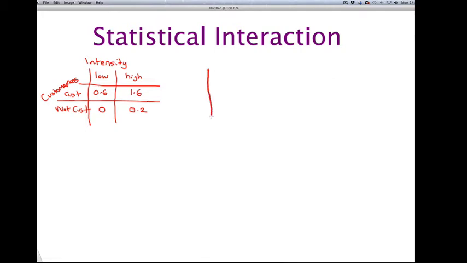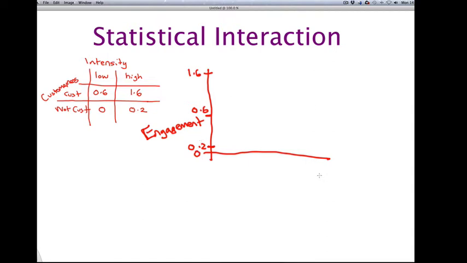So to draw the graph again, we put the dependent variable on the y-axis, and the dependent variable, if you remember, is level of engagement, and that ranges from about 0.2 here to 1.6 up here. I'm going to put another few values on, and we've got 0.6 around here, and obviously 0 here. Good.